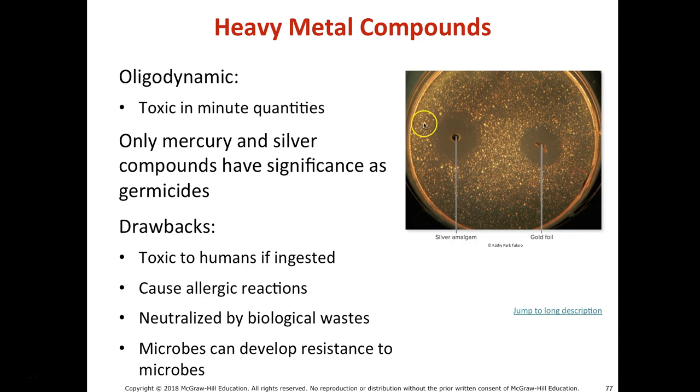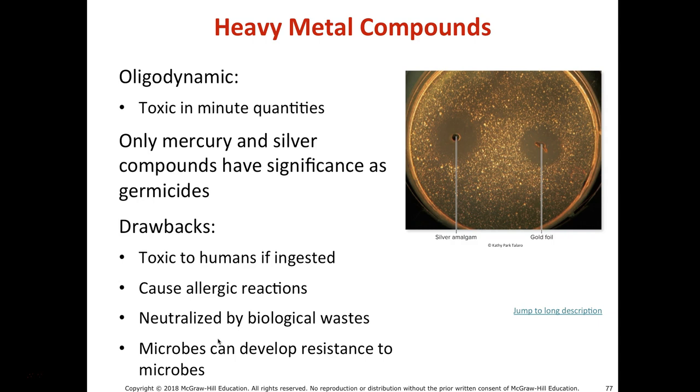And that brings us to our heavy metal compounds. Types of heavy metal compounds used in the past would be mercury, silver, gold, copper, arsenic, and zinc. These are not all used today.